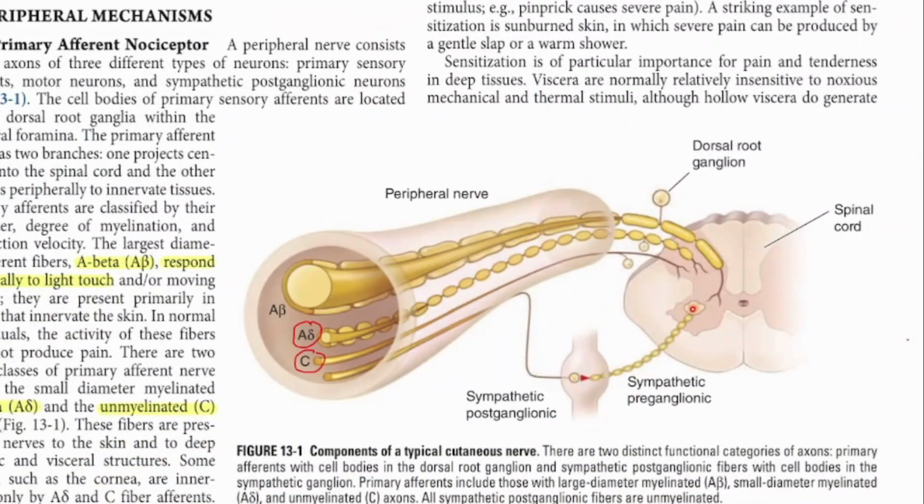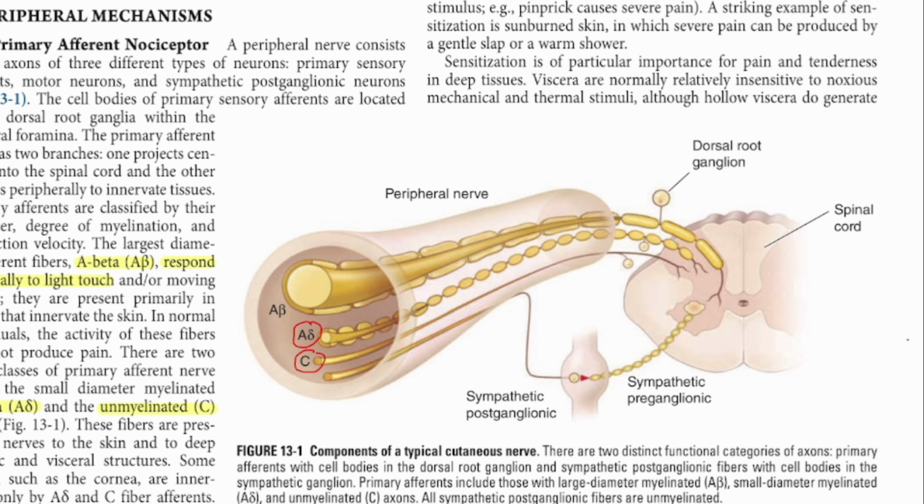We know that there is this sympathetic supply to the organ also. But these are the sensory fibers, A delta and C, these two are the sensory fibers, means they will carry pain and temperature. And this fiber will carry out the sympathetic and parasympathetic functions. For example, sweating, vasoconstriction, vasodilation, etc.